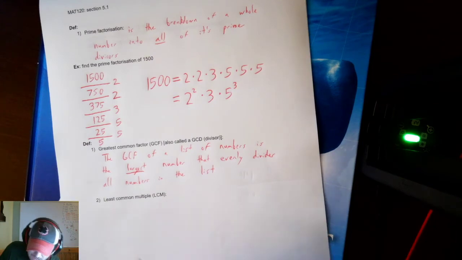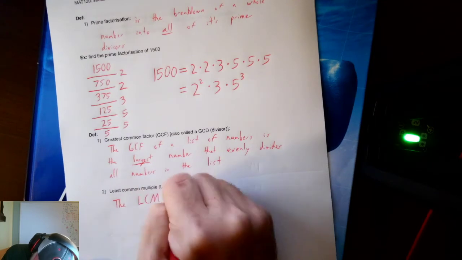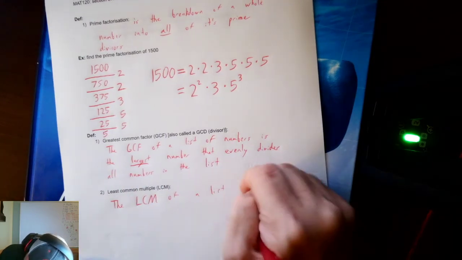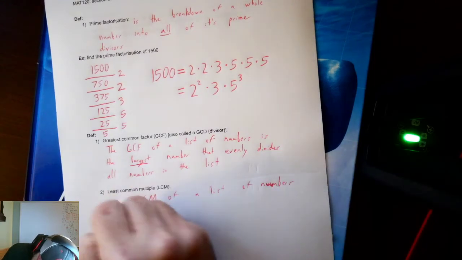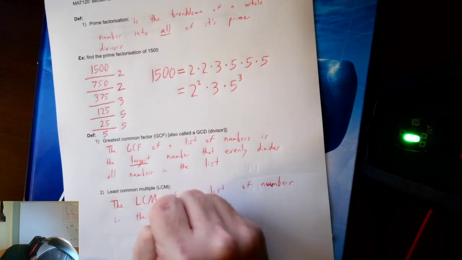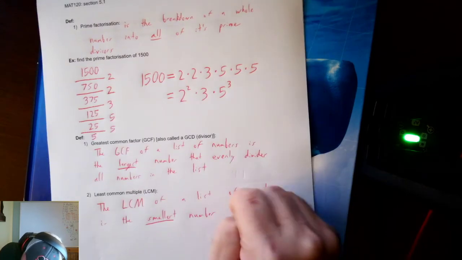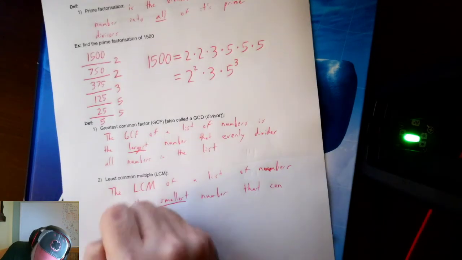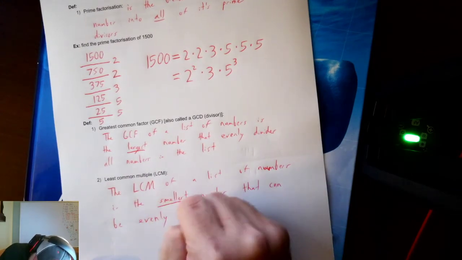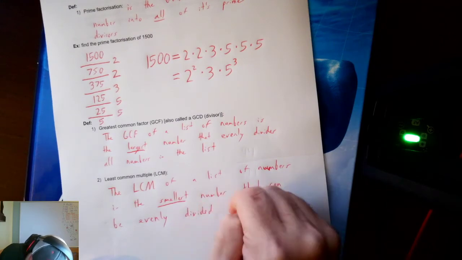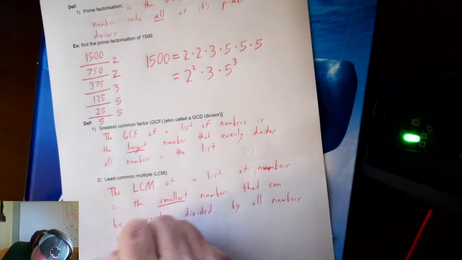Whereas the least common multiple, the LCM of a list of numbers, is the smallest number that can be evenly divided by all numbers in the list.